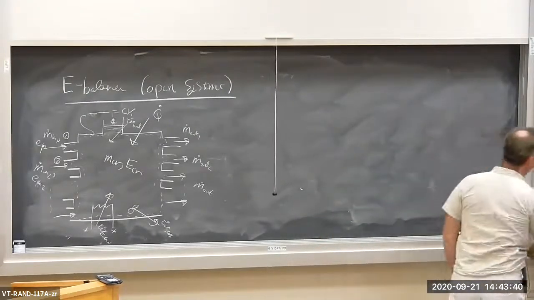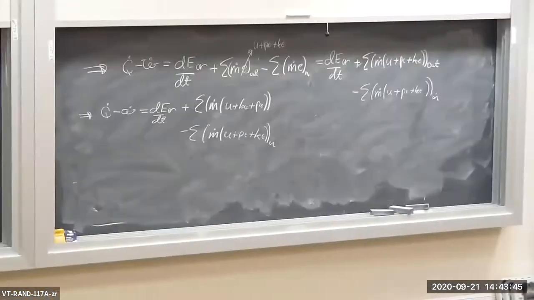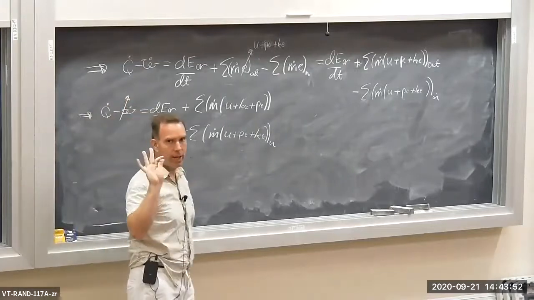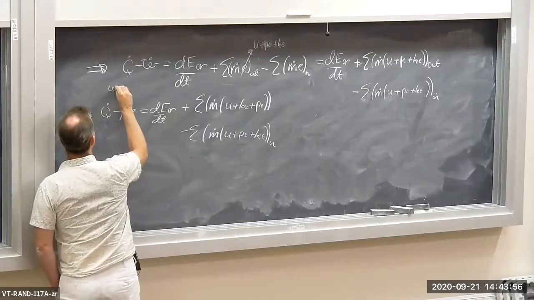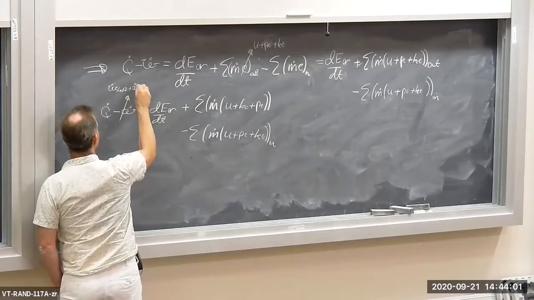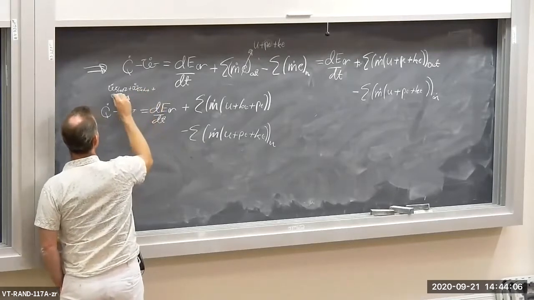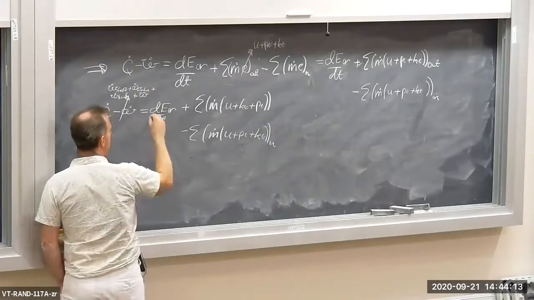Okay, let me make sure we're on the same page. Right now this W dot term actually contains four kinds of work or power: W dot shaft plus W dot electric plus W dot boundary, and now the new one, W dot pressure.